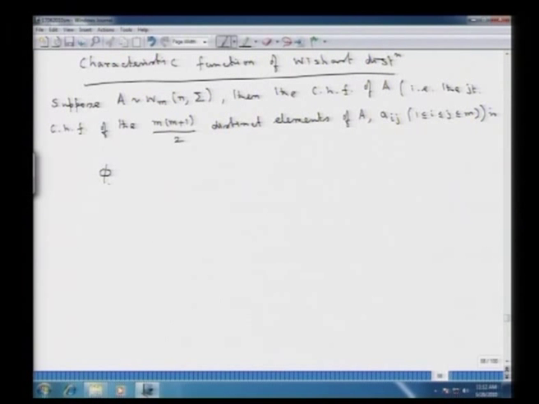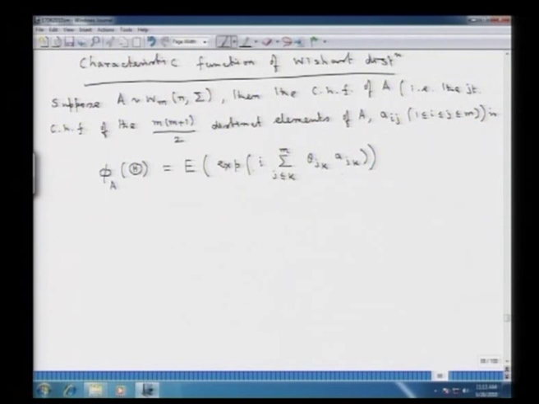The characteristic function of this is given by the following. Let us denote that by phi A at the points script theta matrix, which is given by expectation of e to the power i times the double summation over j less than or equal to k, from 1 up to m, of theta j k times a j k. That is the joint characteristic function, because we are looking at all the distinct elements.